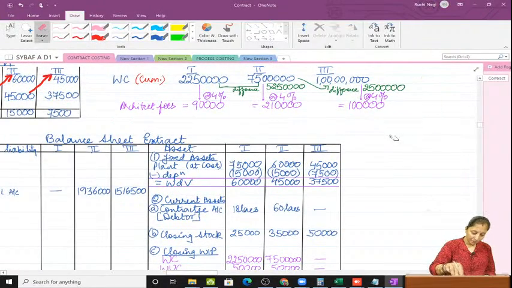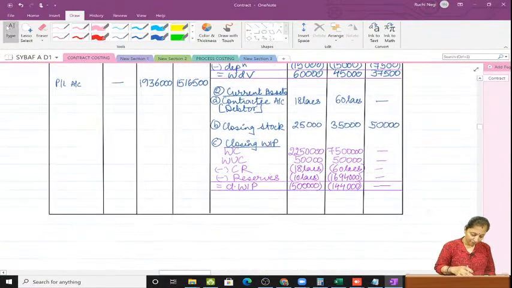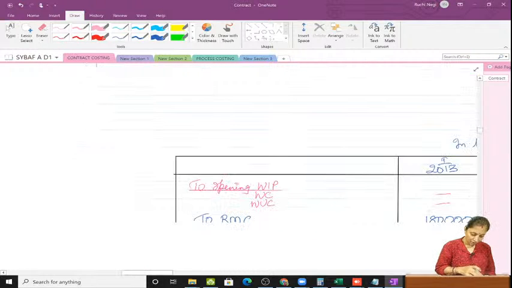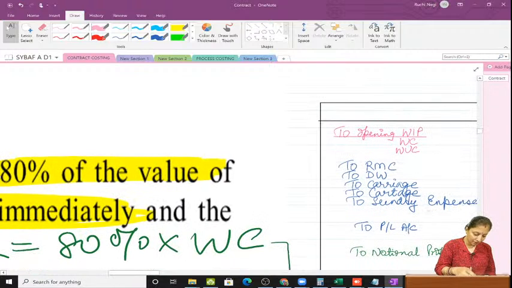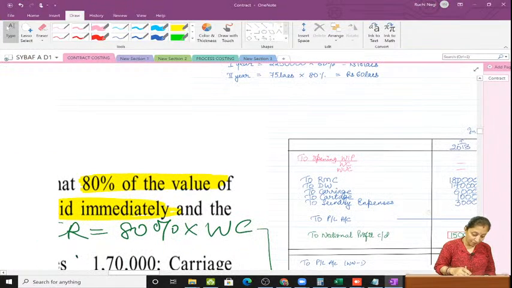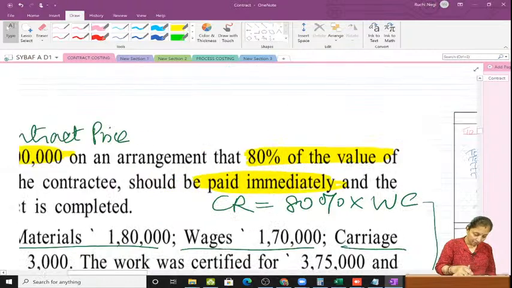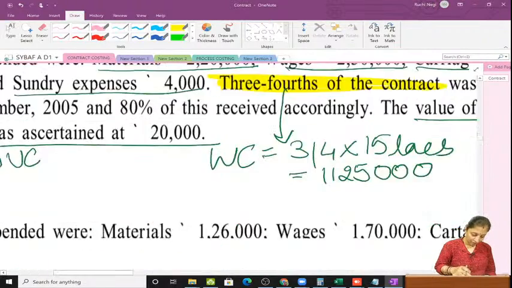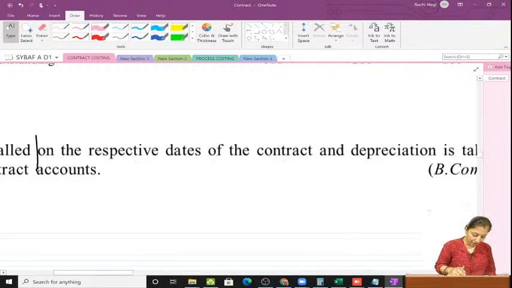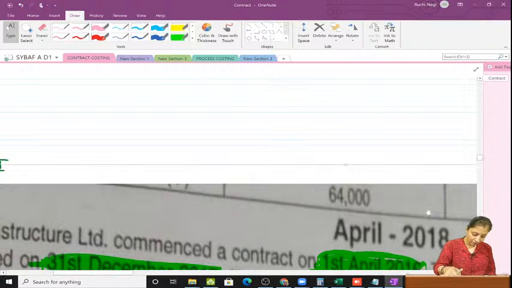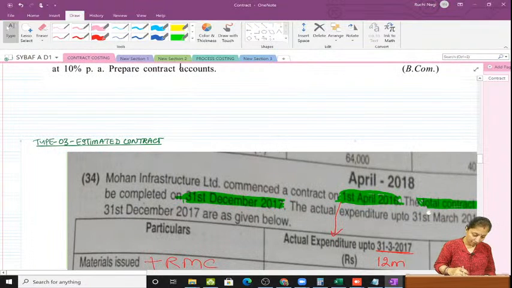Okay, next important aspect is estimated contract. So when you are doing sums on estimated contract, you are actually, yes, this one.